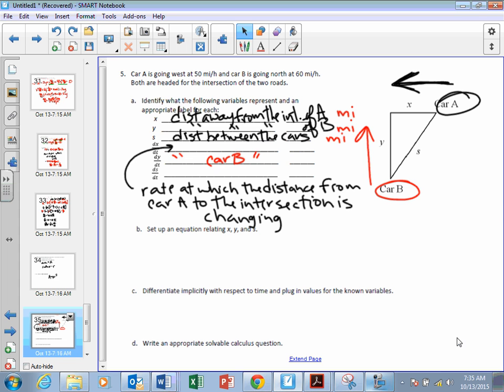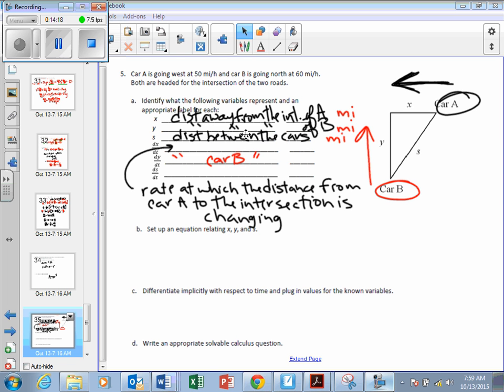If you look up there and imagine car A traveling towards this intersection, x is shrinking, so it's getting more negative. So dx/dt is the rate at which the distance from car A to the intersection is changing. dy/dt is the rate at which the distance from car B to the intersection is changing.